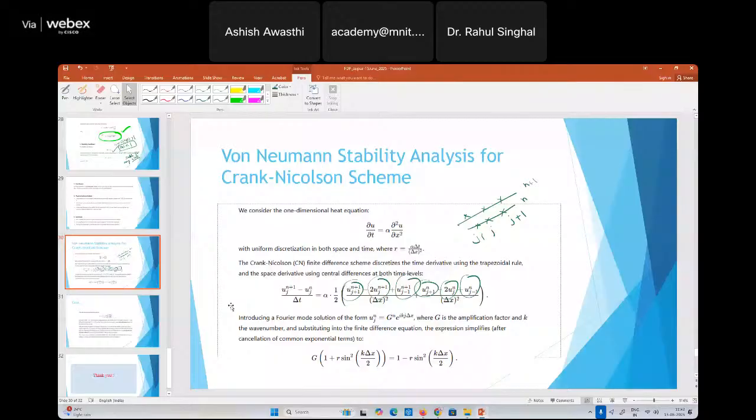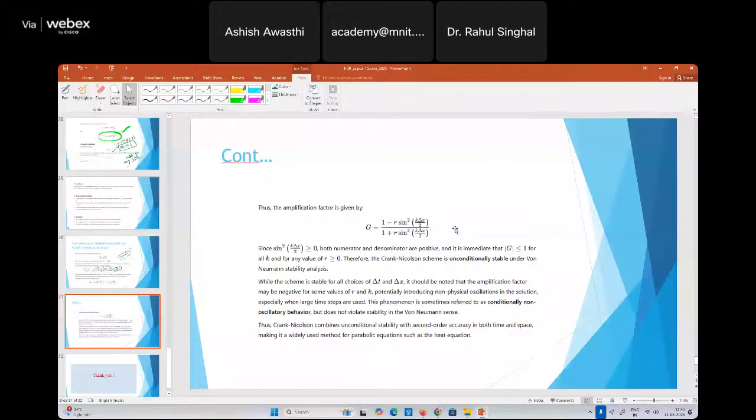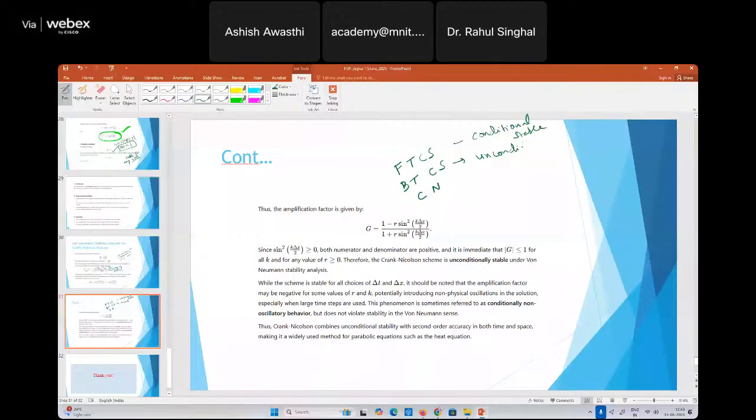So overall, what is the conclusion here? If you have FTCS, you have BTCS, and you have Crank-Nicolson, these three: FTCS is conditionally stable, BTCS is unconditionally stable, and Crank-Nicolson is again unconditionally stable.